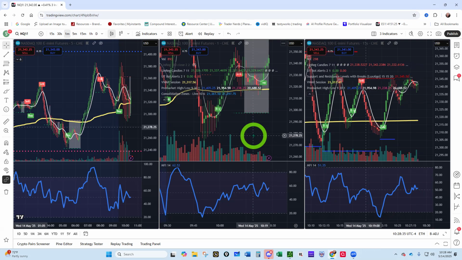Yep, price on ES is having a hard time getting past that VWAP.